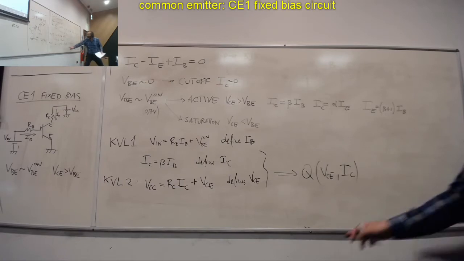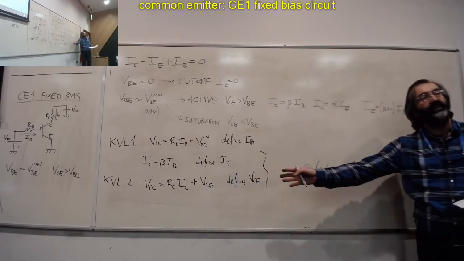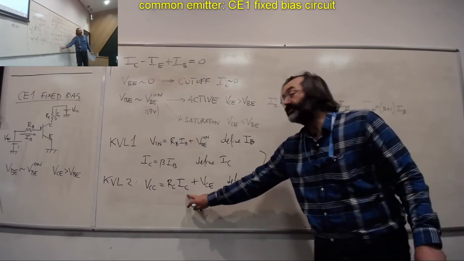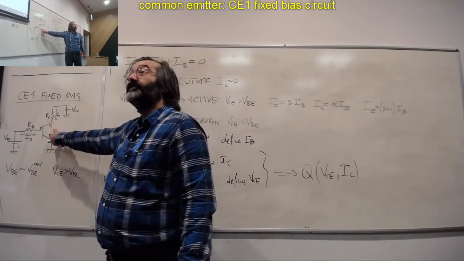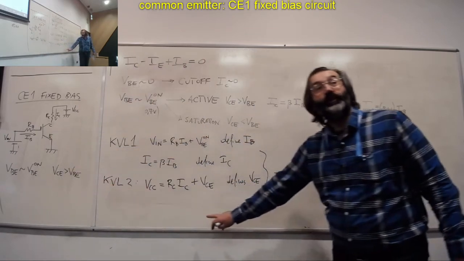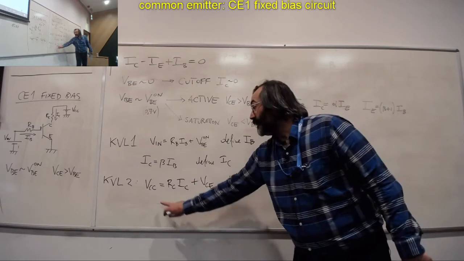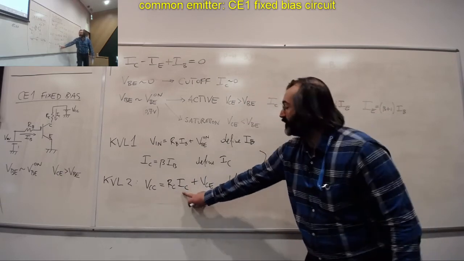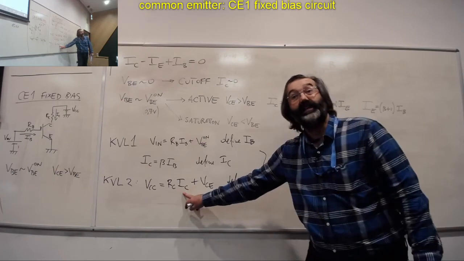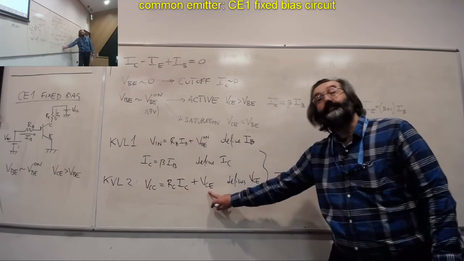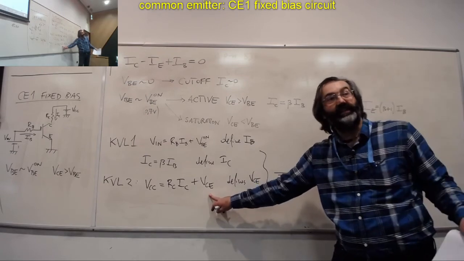Actually, if you look at this equation, this should remind us of something. We have given a name to equations like this when we deal with a component that is nonlinear. How did we call equations like this? Where there is an important parameter, for example IC, that relates to the output characteristic, and there is another parameter that is the independent variable of that characteristic.